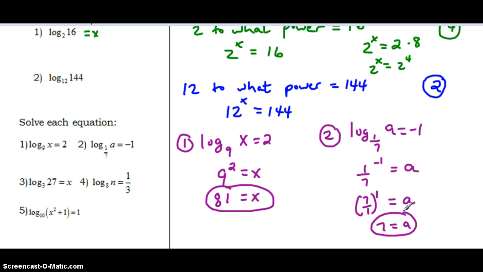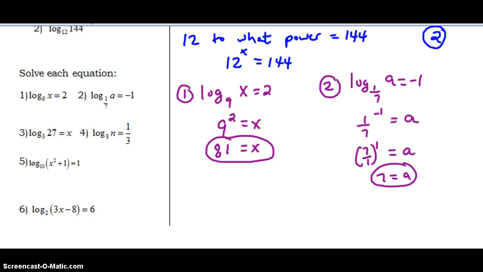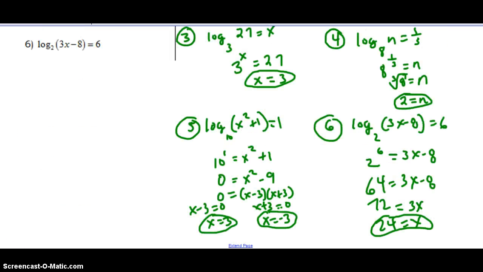All right, go ahead and pause the video and bring it back to check your answers for 3, 4, 5, and 6. Okay, for number 3, you should have converted to exponential as your first step. So 3 to the x power is equal to 27. And then we know that that would have to be 3.